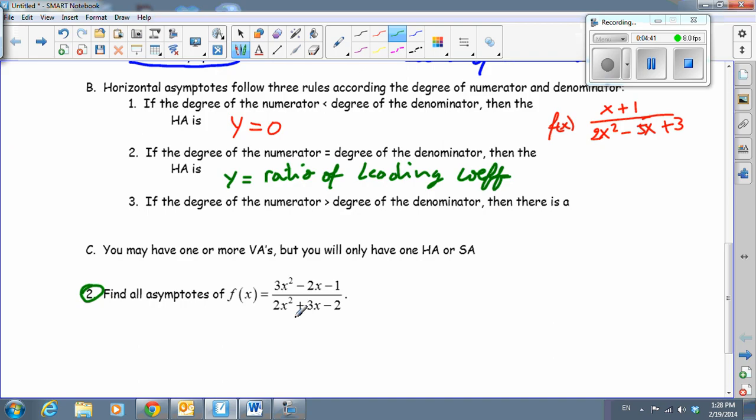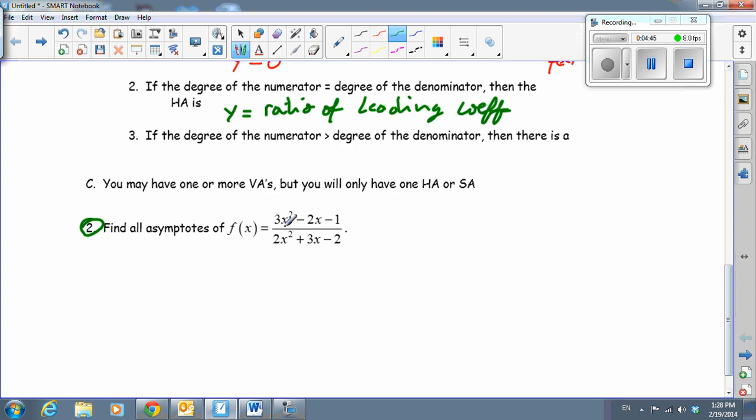So let's go ahead and look at the 2 here, where it says find all asymptotes. I can tell already just by looking at it that I will have a horizontal asymptote at y equals the leading coefficient on top, which is 3, over the leading coefficient on the bottom, which is 2.